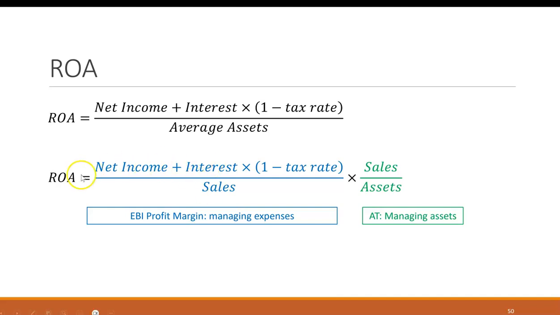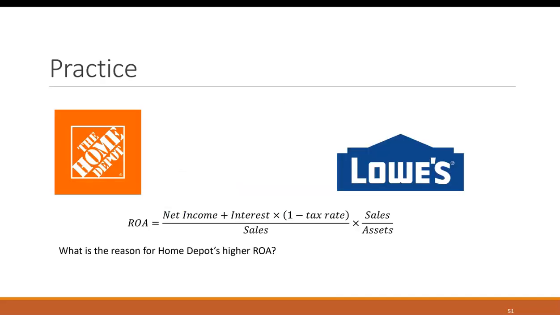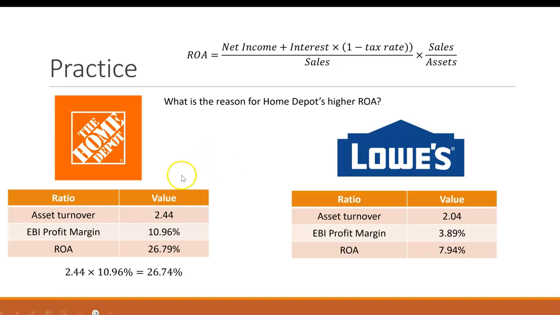One says your ROA is composed of these two components: managing your expenses and managing your assets. And so if you have a problem, it gives you an idea of where to look. So if your ROA is too low, as it is with Lowe's in this case, it gives you an idea of where to look.